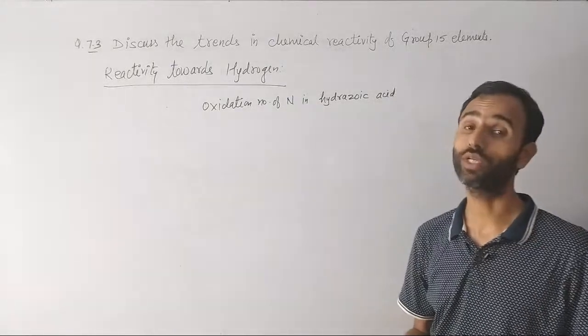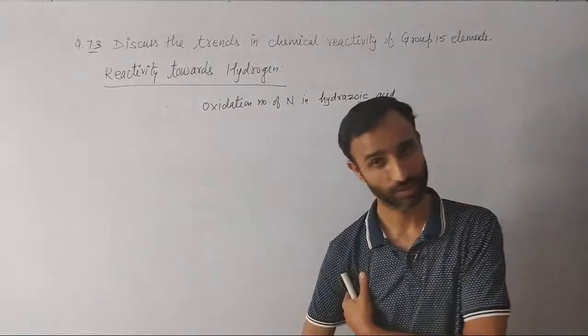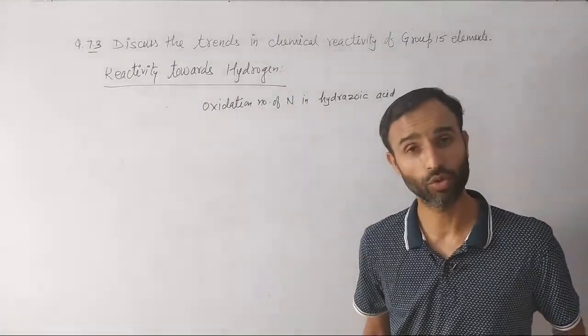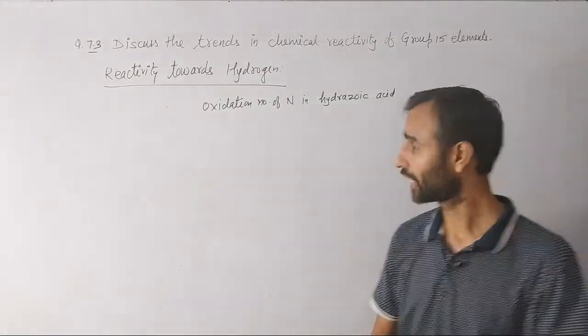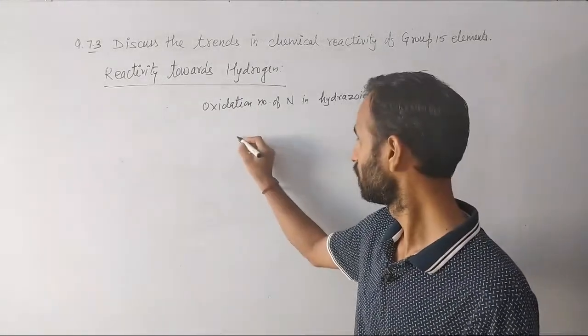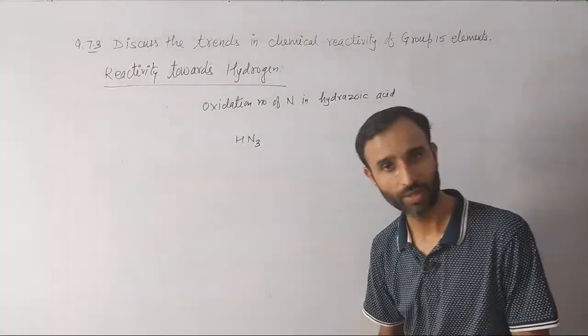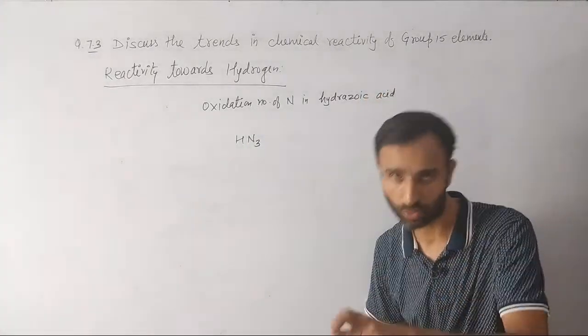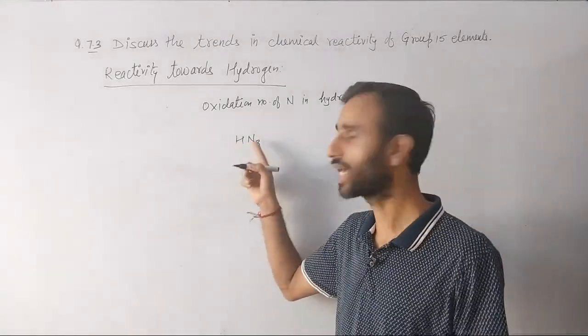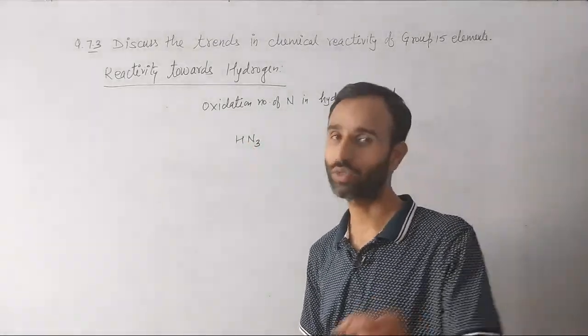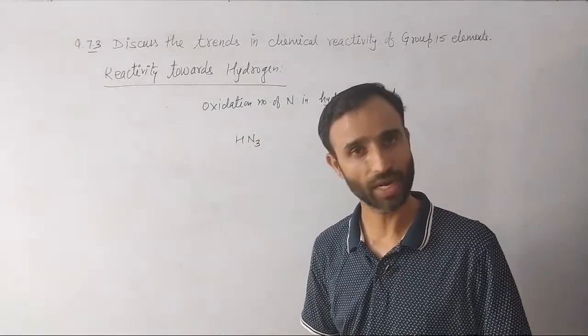So first of all, you should know what is hydrazoic acid. So the formula should be known to you. Hydrazoic acid, I just told you that this is HN3. Now the oxidation number of nitrogen. When hydrogen is attached to nitrogen, you know nitrogen is more electronegative than hydrogen.